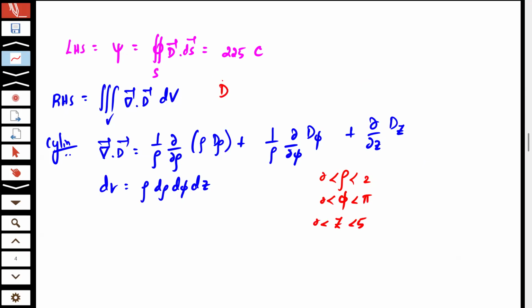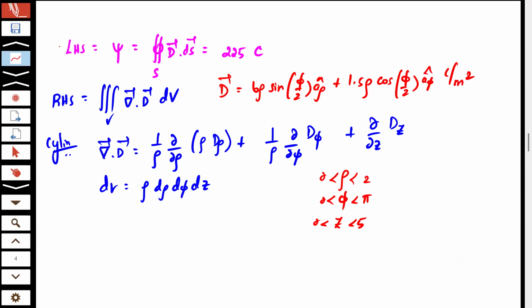We should write what Dρ, Dφ and Dz are. So vector D is 6 rho sin(phi/2) a rho cap, then 1.5 rho cos(phi/2) a phi cap, coulomb per meter square. Let us try to understand now which components are which.